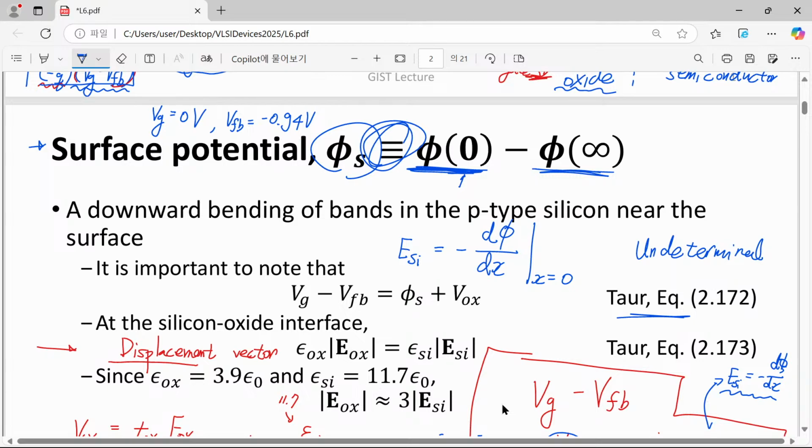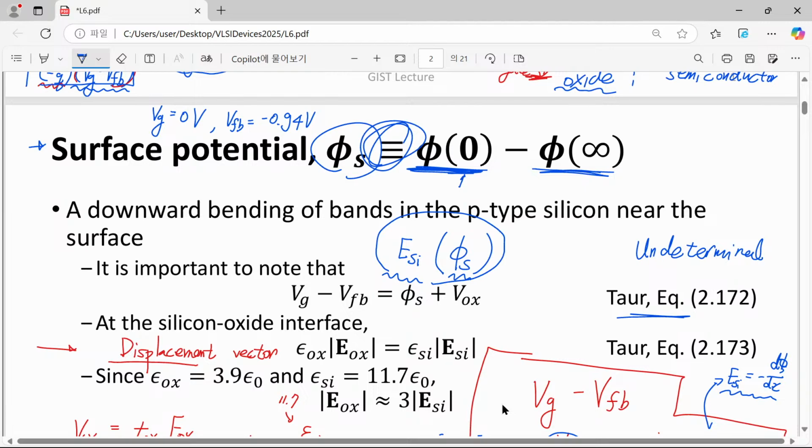But what we want you to do is not evaluate the exact form of your electrostatic potential near this surface region. Instead, we want just a functional dependence between the surface electric field and surface potential. That's the reason why, although in a more general sense electric field and electrostatic potential have the simple derivative relation, it is not available in our case.